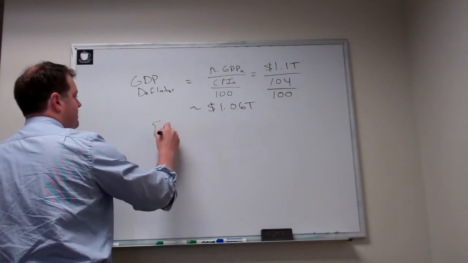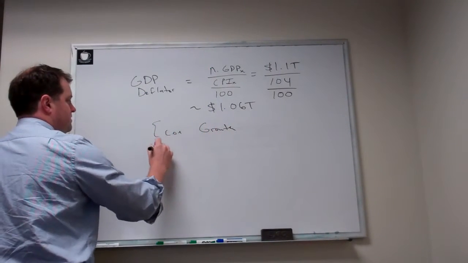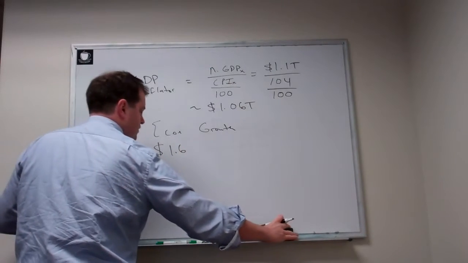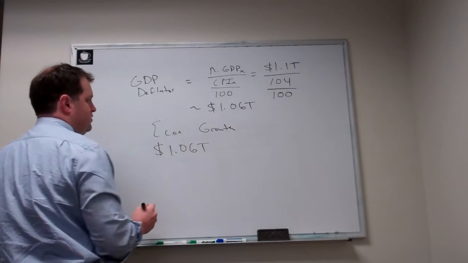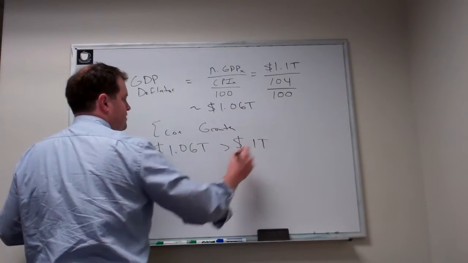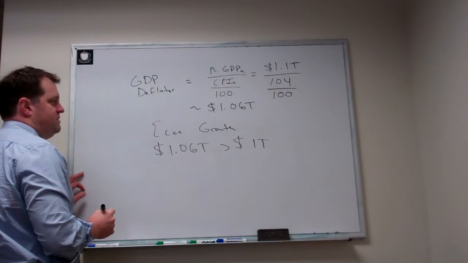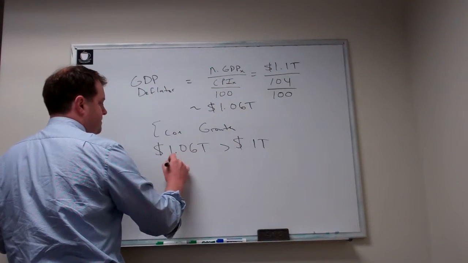Now the last thing we've got to do is translate this into economic growth. So the real GDP for year 2, 1.06 trillion, is bigger than the real GDP value for year 1, so economic growth occurred.